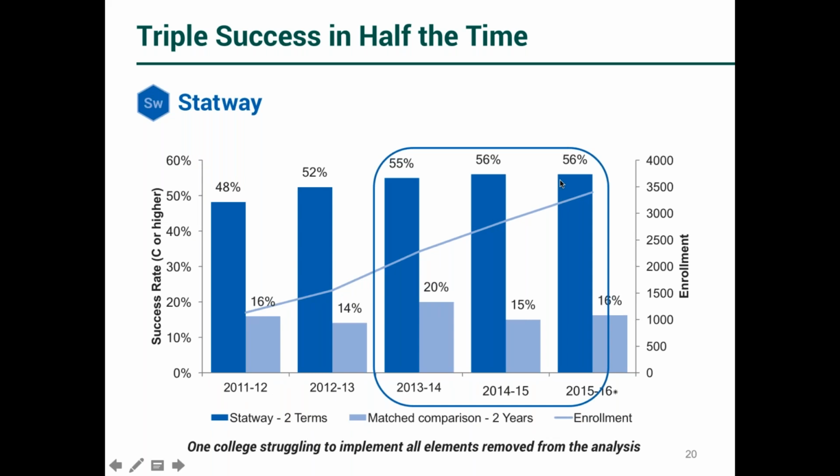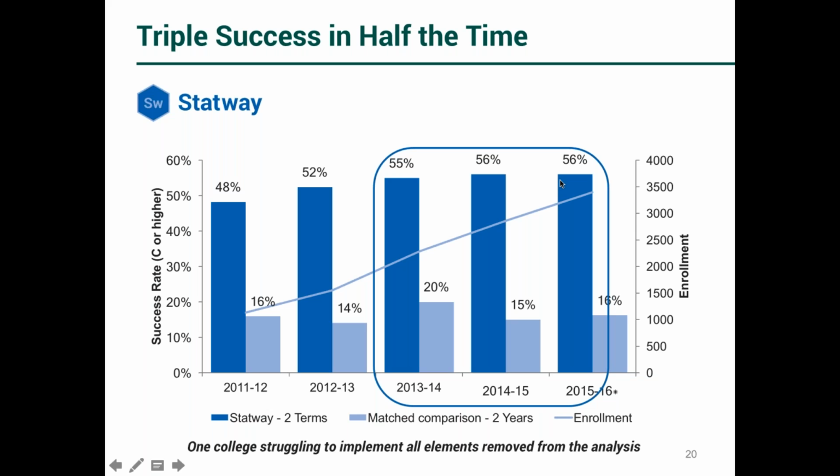The next slide is the same analysis, but what we did is we took out one college. The reason why we did this is that particular college really struggles to implement all elements of the design.